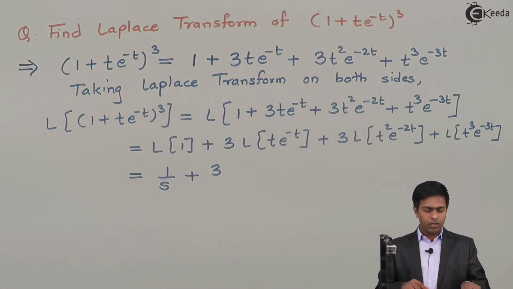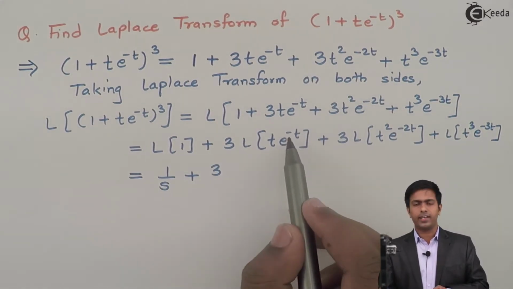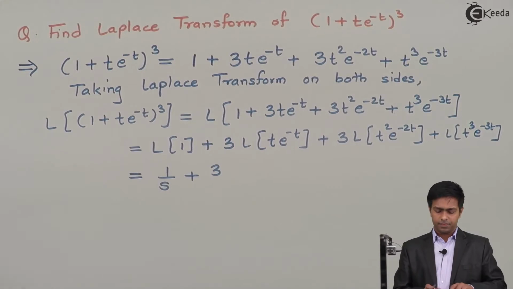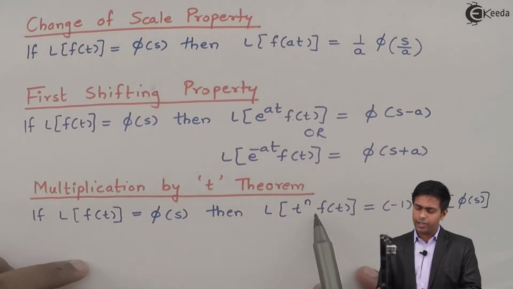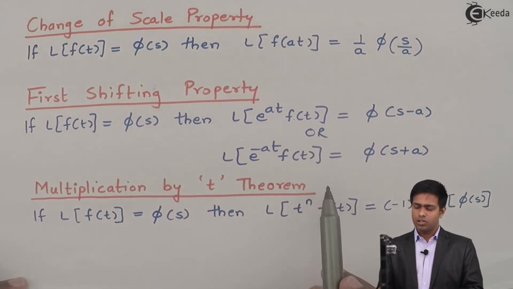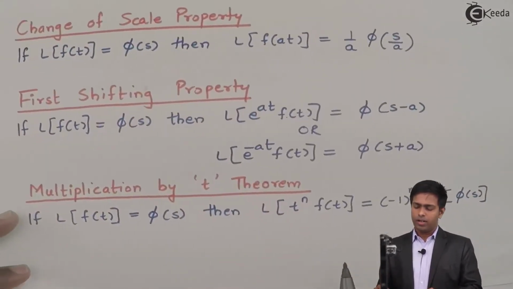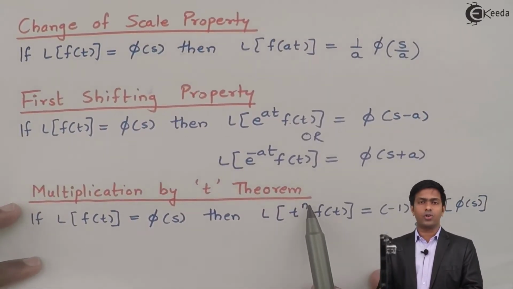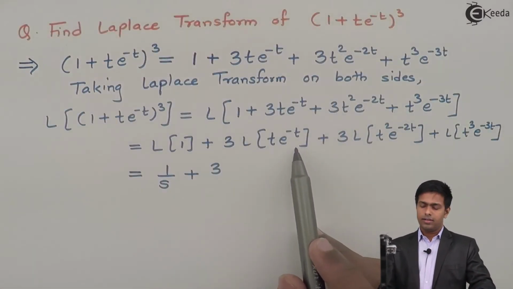Now if you see this as t into f of t, then f of t is e raised to minus t, and this t into f of t will give us multiplication by t property. So here I can say that this t raised to 1 is t raised to n, so n is equal to 1, and f of t is e raised to minus t. This is the one way.